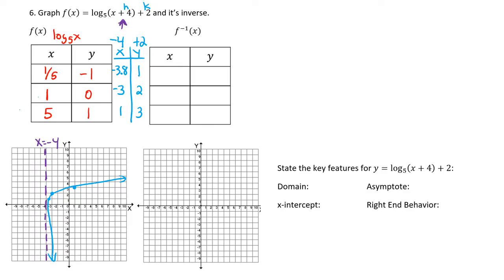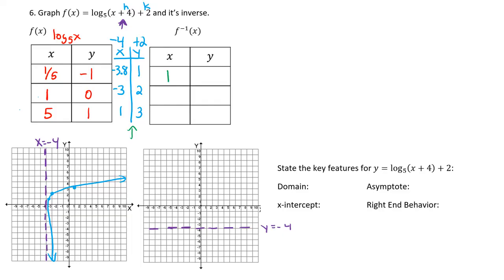Well, remember the question is also asking us to write the inverse. So therefore, if our asymptote is x equals -4, and when we write an inverse, all the x's and y's switch positions, that means our asymptote is going to be at y equals -4. Now we can go ahead and switch the position of all the numbers in the blue table.